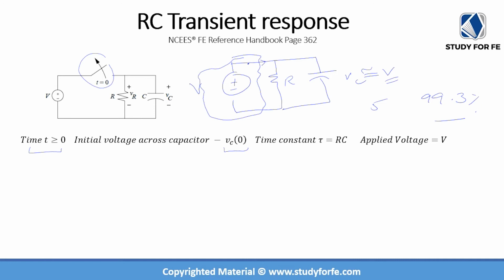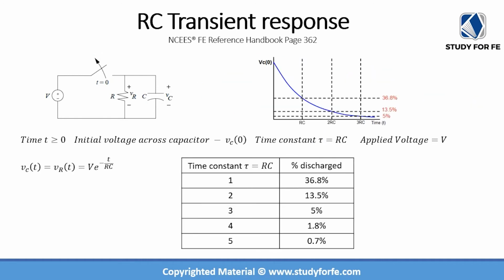Vc naught is the initial voltage across the capacitor when the switch opens, and the time constant tau is still equal to RC, and the applied voltage, as we saw here, is equal to V. So now when the capacitor has been charged, okay, and it is only in a series arrangement with the resistor, then obviously the capacitor is going to be discharging, okay? And the discharge equation we've seen already is Vc naught. If you go back to the previous slide, you will find that it is Vc naught e raised to power minus t divided by RC.